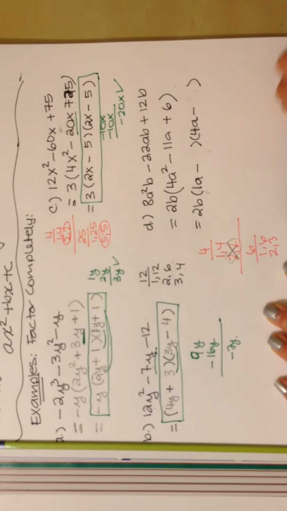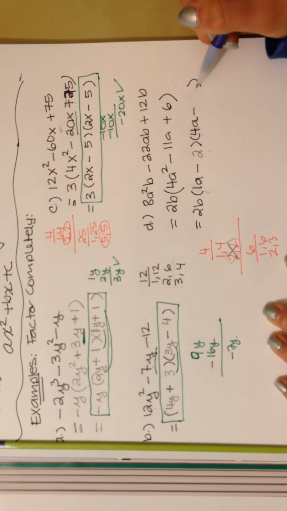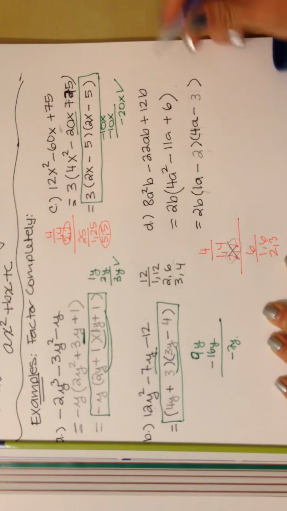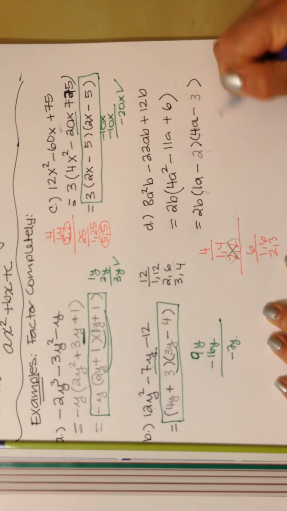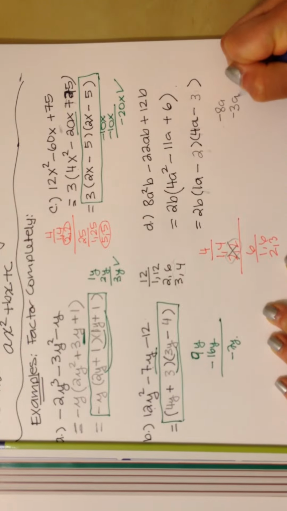Now do I use 1 and 6 or 2 and 3? Well, going back to my pencil, if I use 2 and 3, the 2 has to be where? The 2 has to be in the first parentheses. I cannot put it in the second parentheses because then there will be a GCF and I can't have a GCF. So 2 has to be here, 3 has to be here. Let's check. We get a negative 8a and we get a negative 3a.